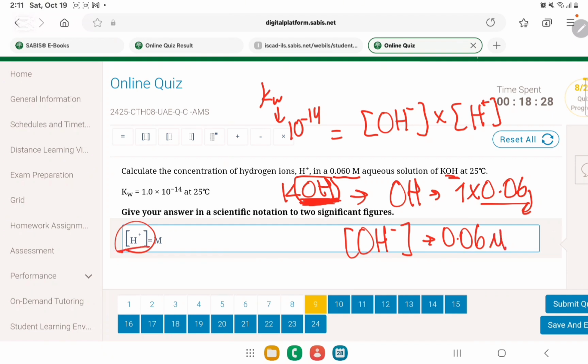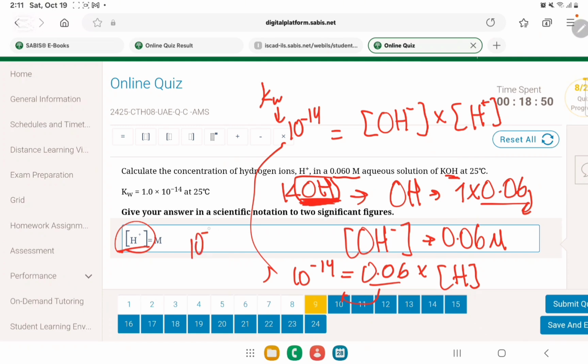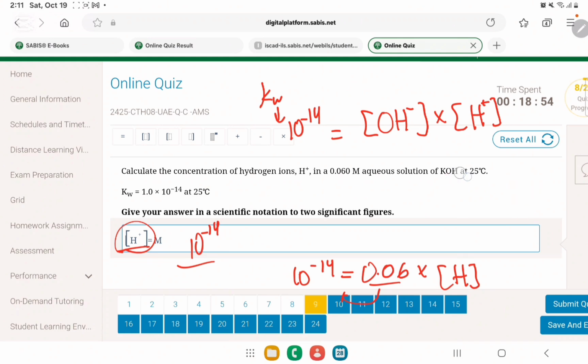Now I need to find the concentration of H. How? Using this formula. 10 to the power of negative 14 is equal to 0.06 times H. We're going to put that to the other side. Let me just get my calculator. So you do 10 to the power of negative 14 over 0.06.